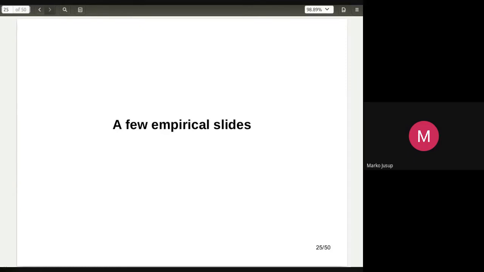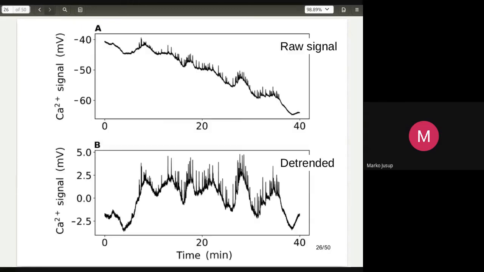Let's see a little bit about the empirical side of this research. The team from Slovenia that I mentioned measures raw signals like this, looking at the currents that go through gap junctions. These are essentially ion exchanges, calcium in particular, and they measure signals with a negative trend and some periodic component, and then there are some very fast oscillations involved.